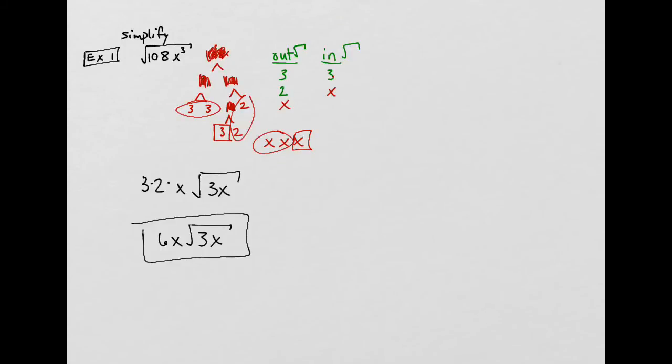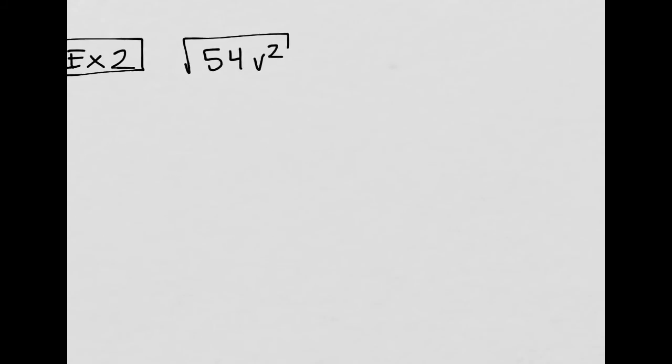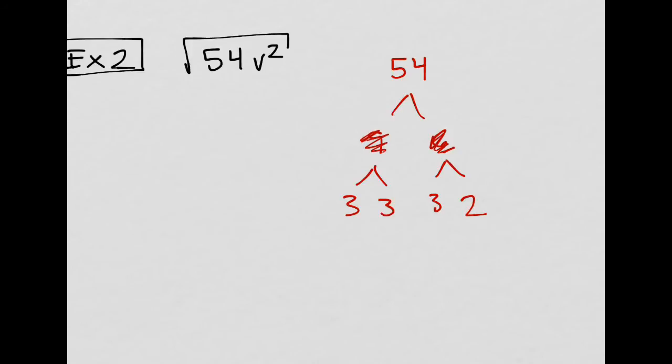It's pretty simple. I'll do another one. Again, we're supposed to simplify 54. And I'll do this one a lot quicker. I'll do it in red. That breaks down into 9 times 6. That's 3 and 3. 3 and 2. Don't have to pay attention, don't have to pay attention, don't have to pay attention.